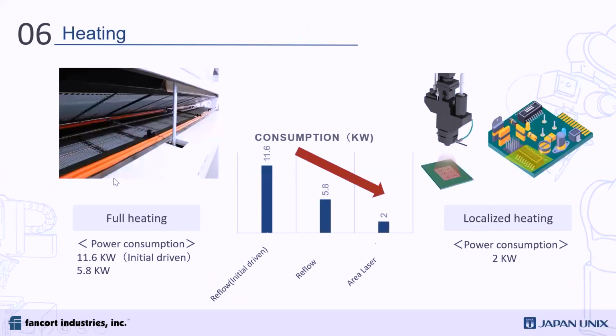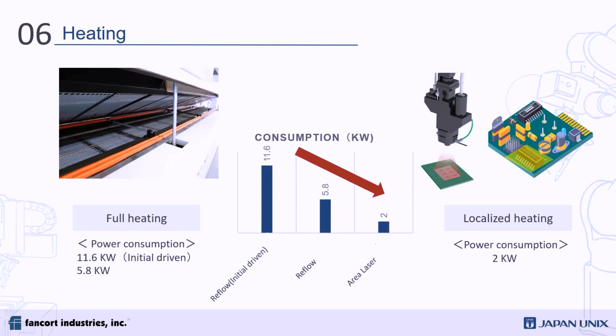Okay. Let's talk in a little more detail about the heating process of the area laser versus its electricity consumption. Our localized heat is just about 2 kilowatts. And the most famous and popular SMT process is the reflow oven, which, including the initial drive, is up to 11 kilowatts. Then it gets stable at 5 to 6 kilowatts.